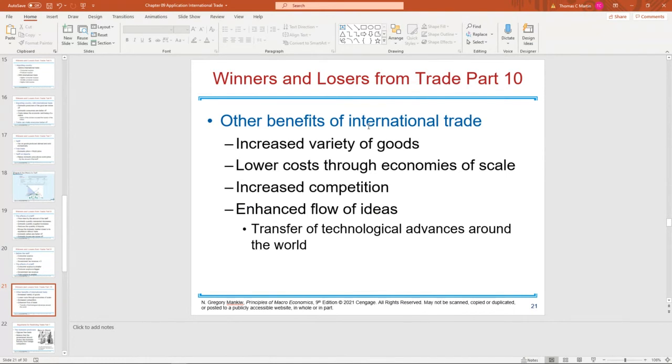Now, international trade, we can deal with economies of scale, increase competition, enhance flow of ideas, and that has to have limits on it. We have to be able to protect our copyright, trademark positions. So this is an issue we're dealing with China right now.